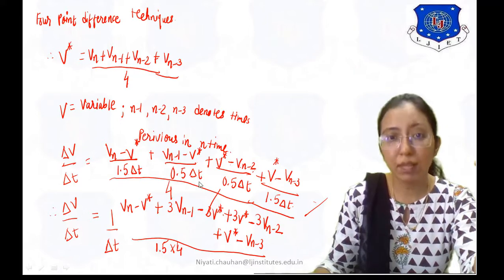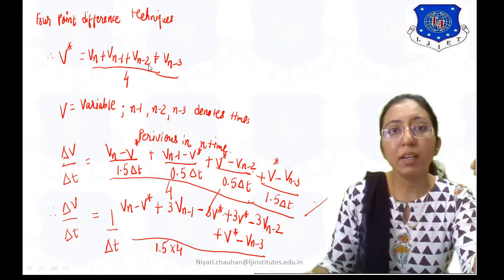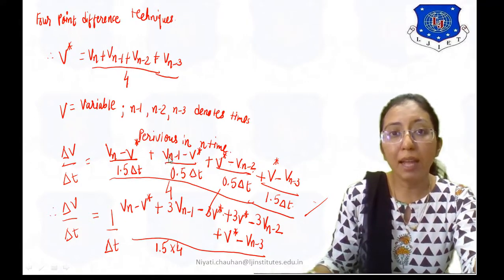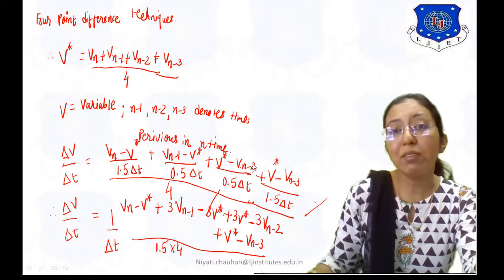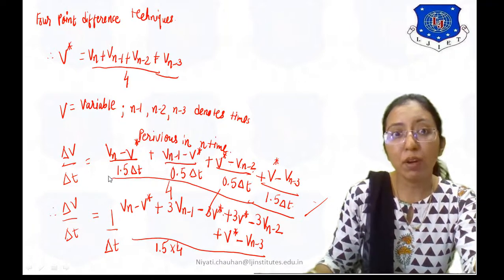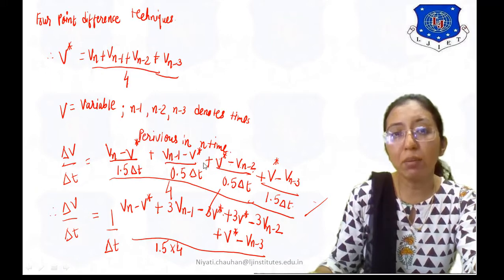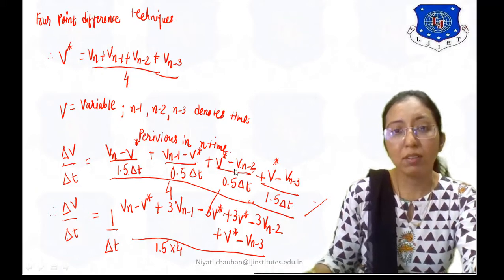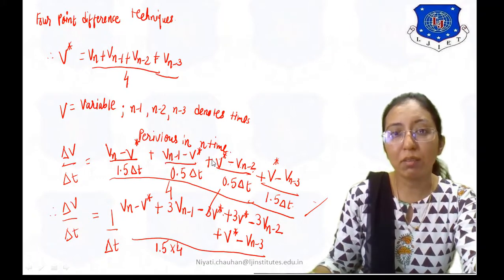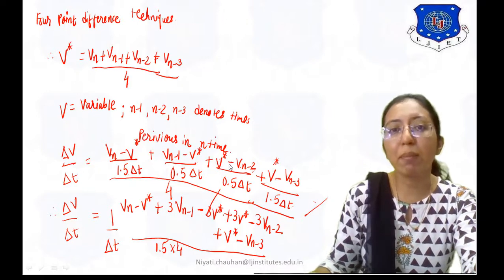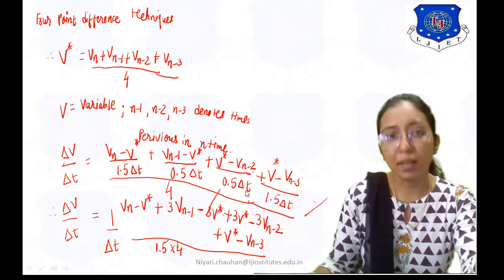Then for Vn-2, we subtract 2, so 1.5 minus 2 gives minus 0.5. The two minus signs combine to plus, so we get (V* − Vn-2)/(0.5 Δt).